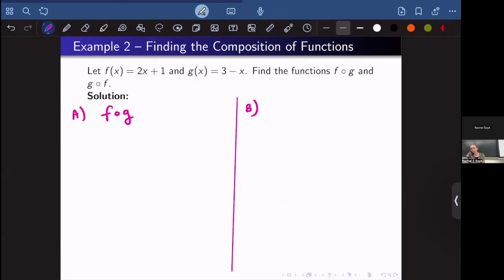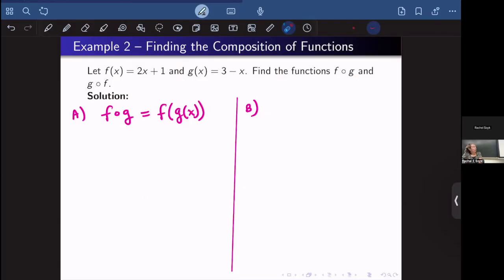F of g, also known as f circle g, is the same as just f of g of x. And the key is whatever you see on the outside is like the parent, and then the inside is the child. So the parent is always carrying the child until hopefully they're 18 and they can be self-sufficient.